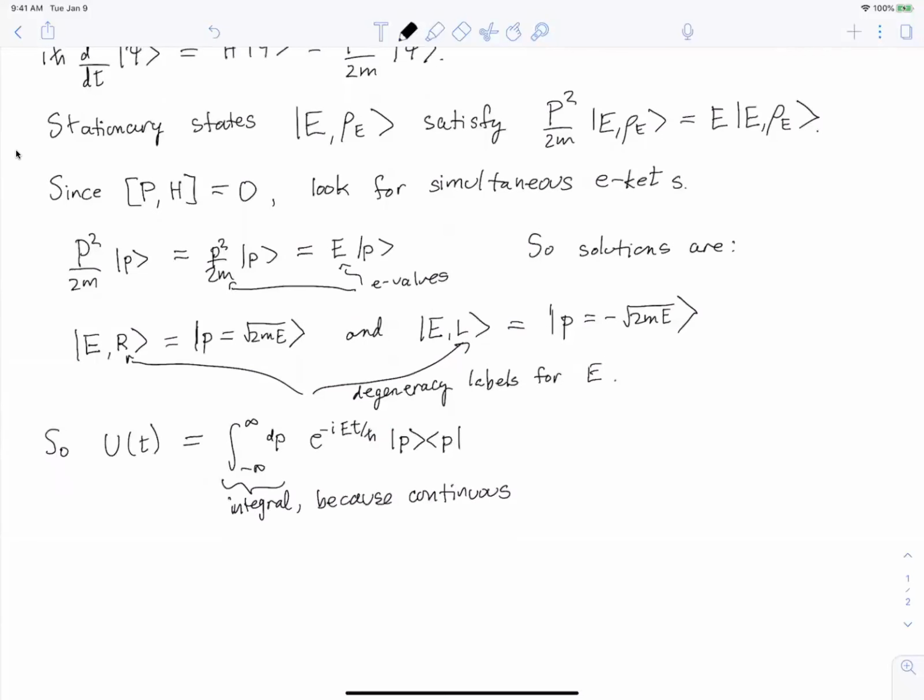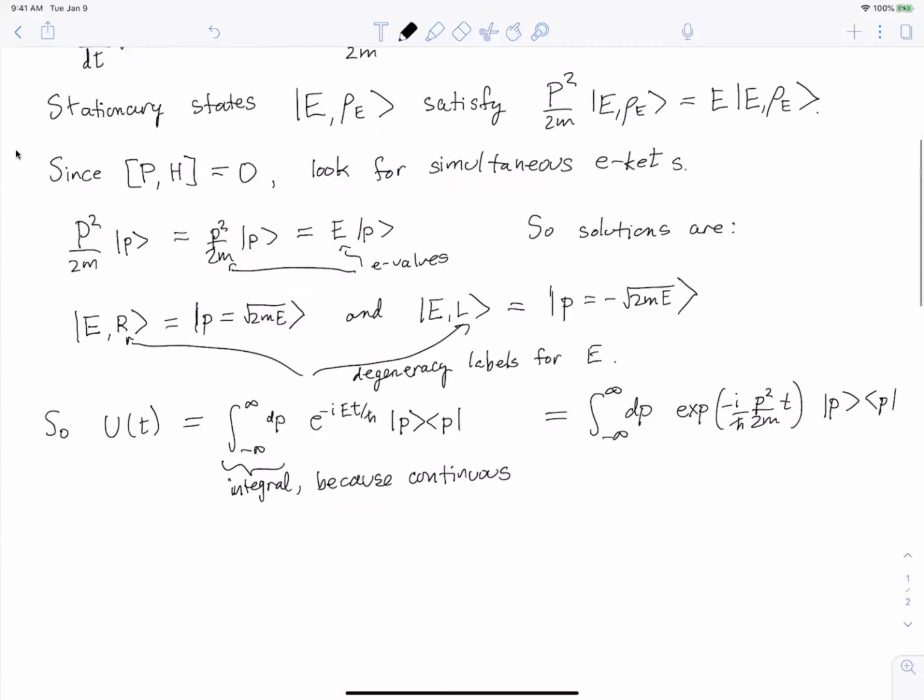Or I can just rewrite this by plugging in for E what it equals in terms of the integration variable p. So this is an integral dp of an exponential of minus i over h bar, p squared over 2m times time, and then I have my |p><p|.